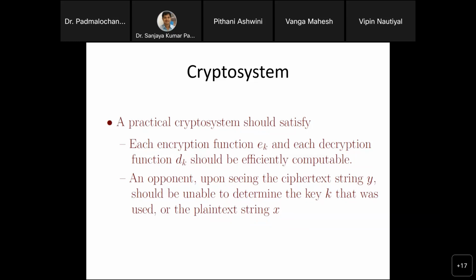That means knowing the ciphertext, going back to plaintext is absolutely difficult. This is what perfect secrecy says. But the problem is that to make it purely random, the length of the key should be the same as or greater than the length of the plaintext, which is not feasible.